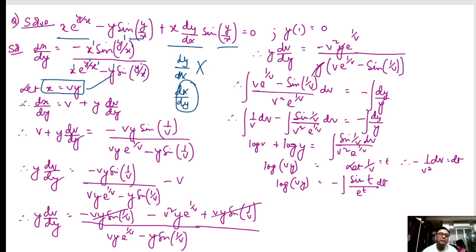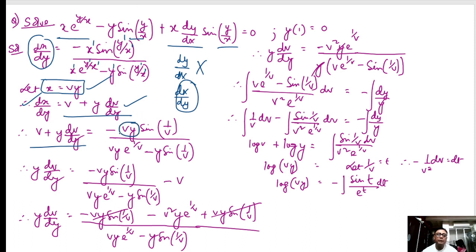Now differentiating x with respect to y, dx by dy becomes v plus y dv by dy. So in place of dx by dy I will put this, and in place of x we will put vy.